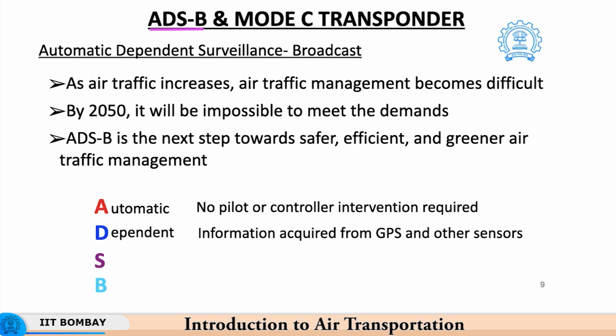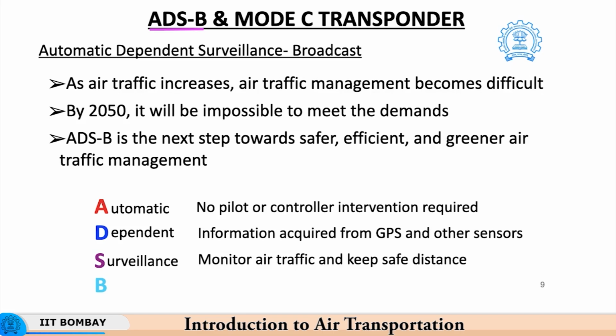Dependent because the overall coordinates and information required for the surveillance are obtained by the onboard sensor systems prevailing on the aircraft, as well as the GPS data acquired from the GNSS system.